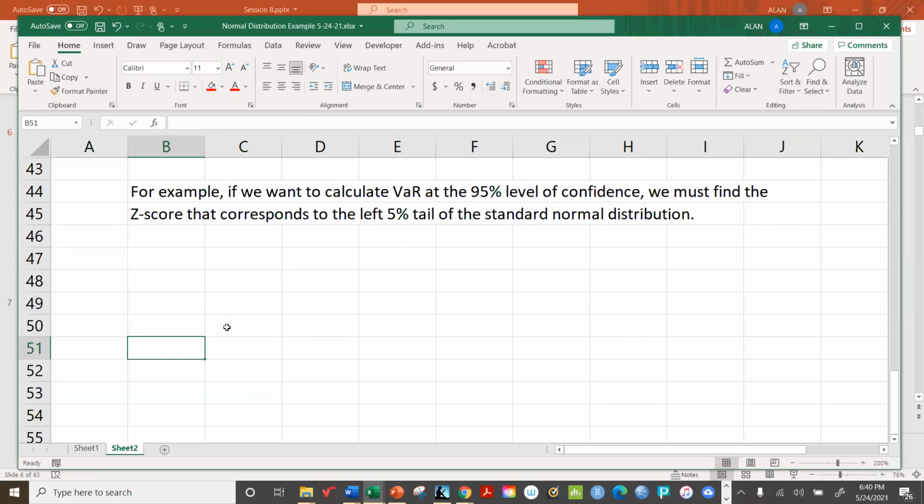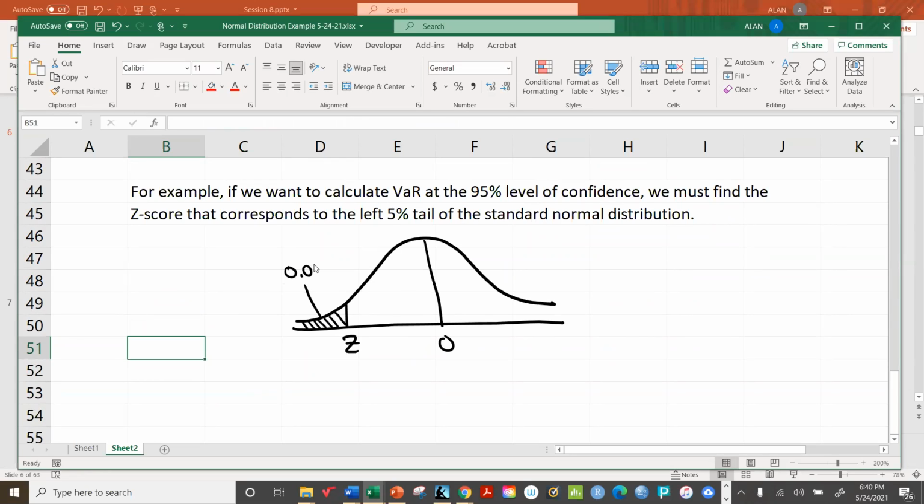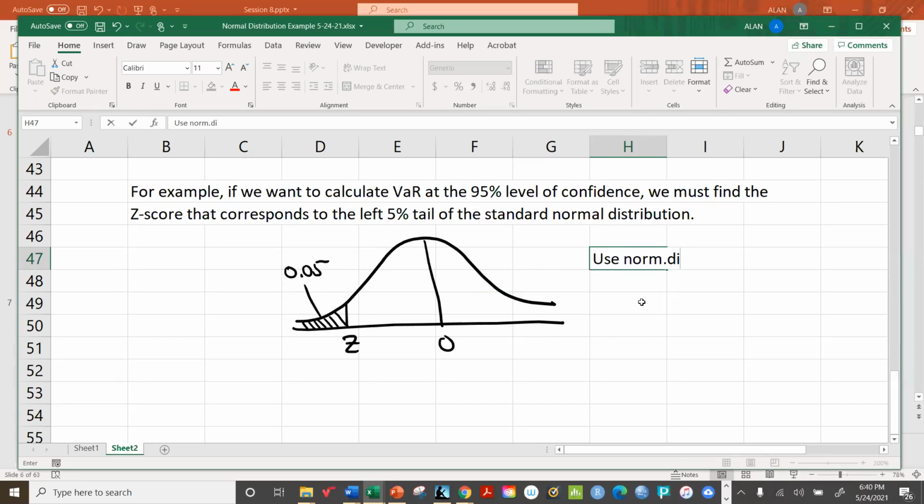So what could it be? Okay, so what we do is we look for norm.s.inv.